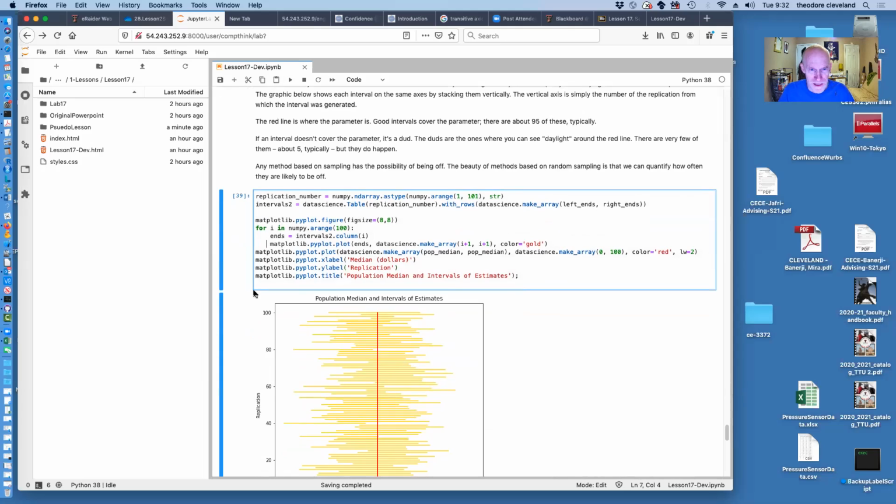You can put the plot into a loop. We're going to build a figure, and then append to the figure the plot of the intervals. Then we'll add the population median, X label, Y label, and title.